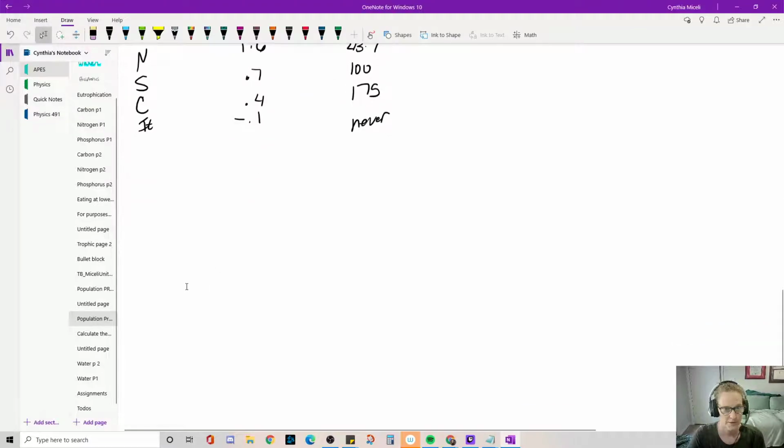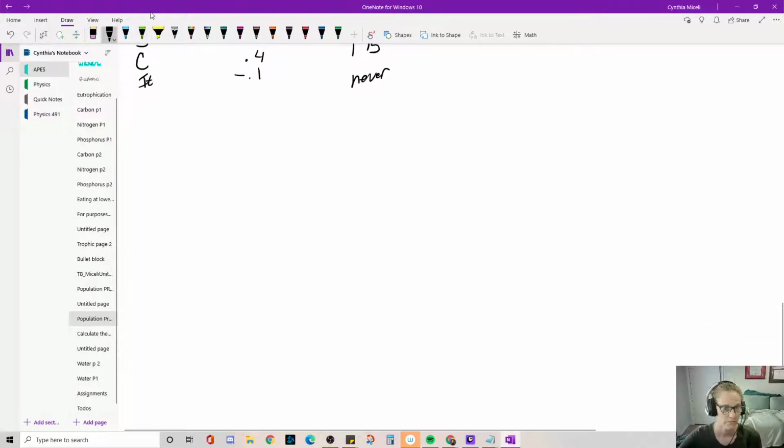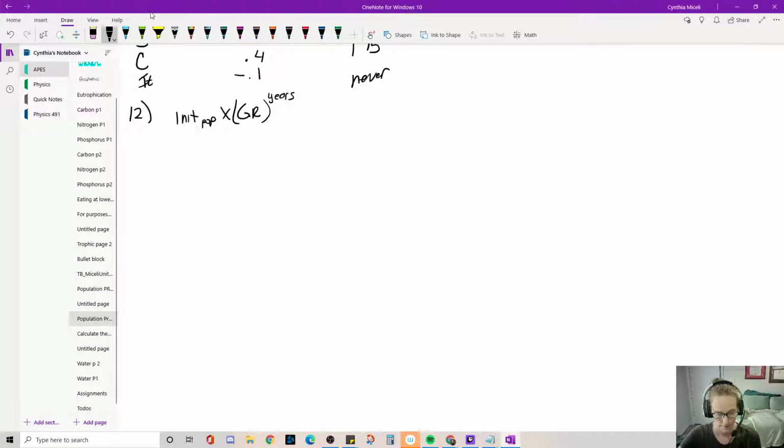Okay, number 12. So, little formula from up top. You take your initial population, you multiply it by the growth rate to the power of however many years you want to project into the future. And that'll give you your final population. So let's look at this.